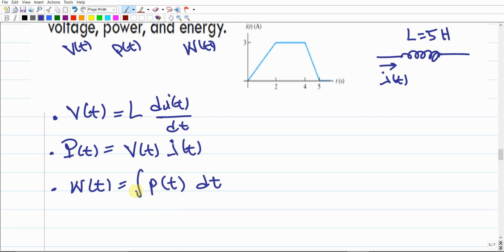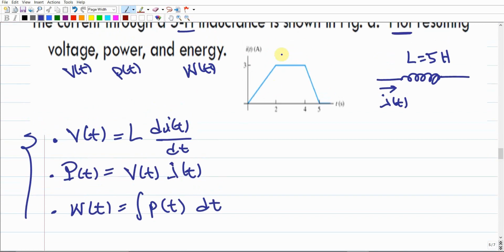But if we are interested in the total energy stored within this period of time, then we have to put limits on the integration, or we can plot the energy and calculate the area underneath the curve to end up with the total energy, as we discussed for the capacitor in the previous meeting. So we're going to do the same, just with different expressions. To find the voltage, the power, and the energy, we should first come up with the function of this figure of the current, right?